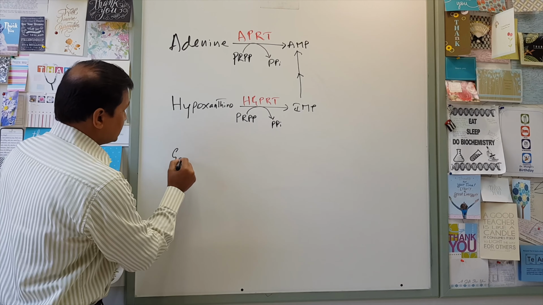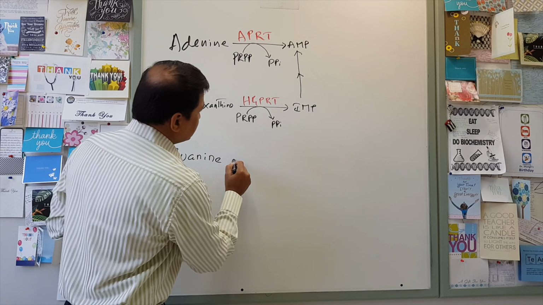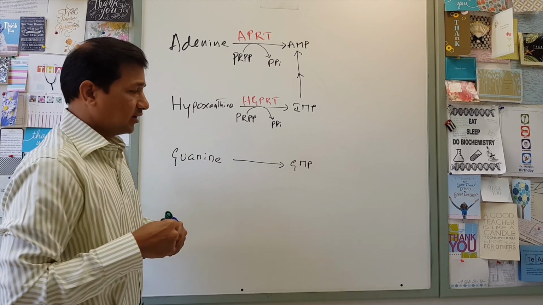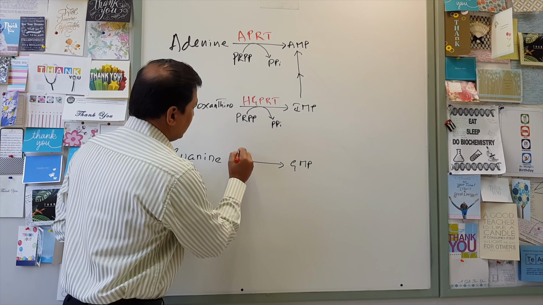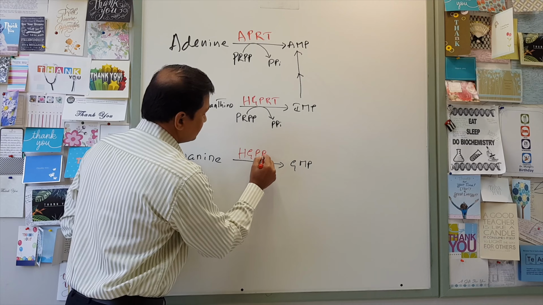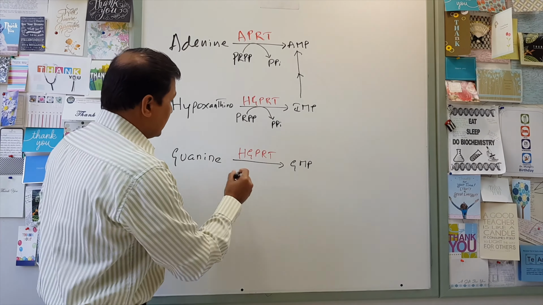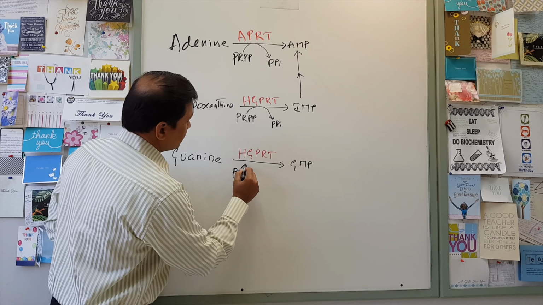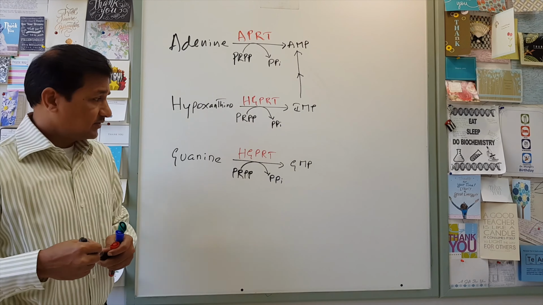Another base is guanine. Guanine is a purine base which is converted into guanosine monophosphate by, again, HGPRT, hypoxanthine guanine phosphoribosyltransferase, and again the sugar phosphate comes from PRPP, releasing PPi, inorganic pyrophosphate.